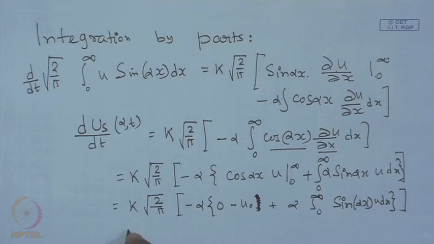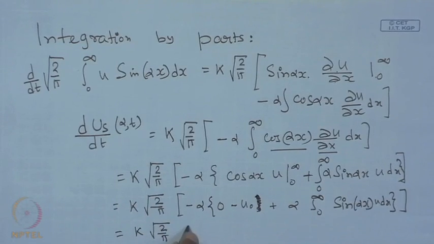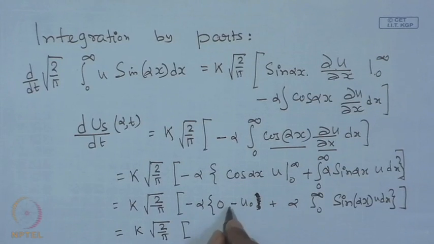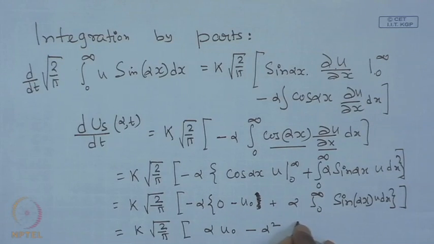We are getting k root over 2 by pi, minus minus plus alpha u naught, minus alpha square, and this will be nothing but the integral 0 to infinity sine alpha x u dx.